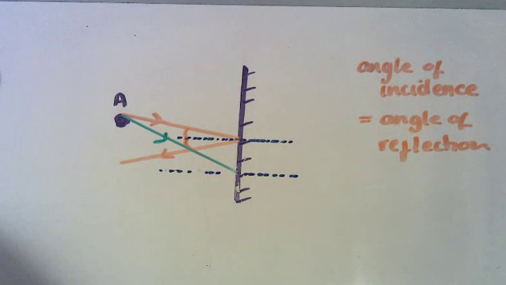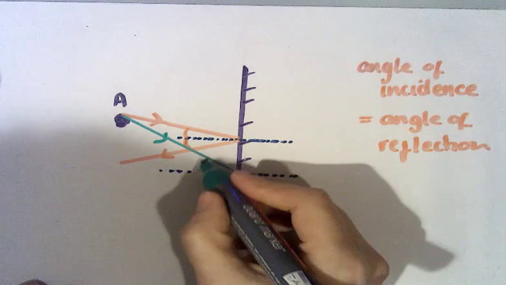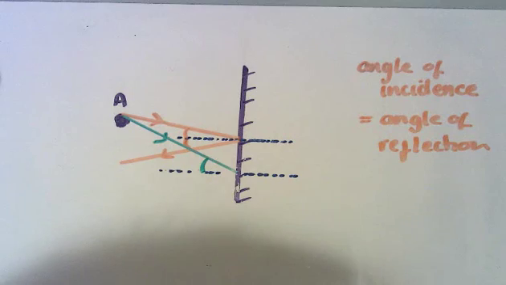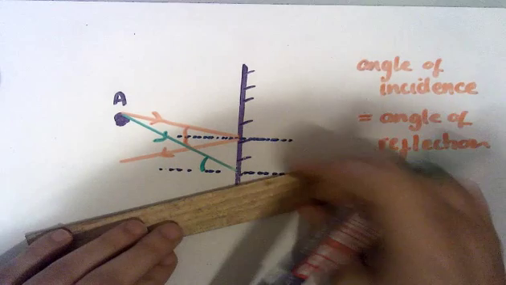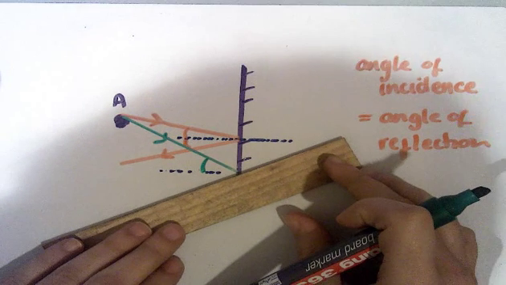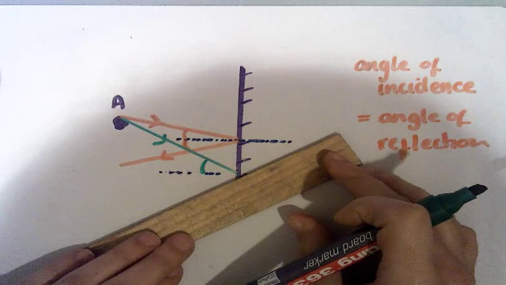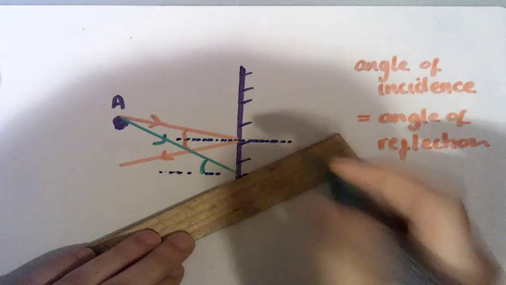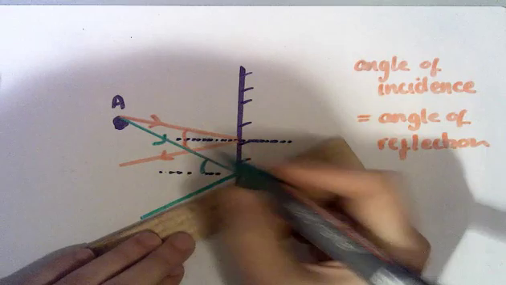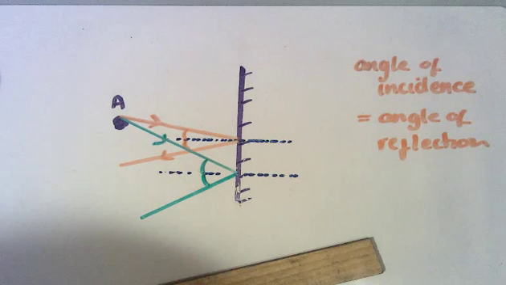And then again this time I'm going to draw, measuring the angle of incidence just here, and then we're going to measure that with a protractor on the other side and make those angles equal. So there's our angle of reflection.